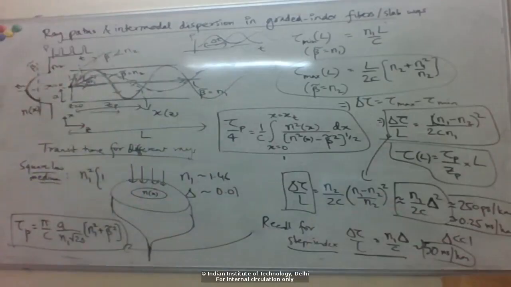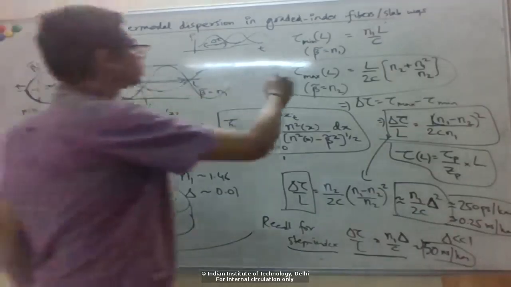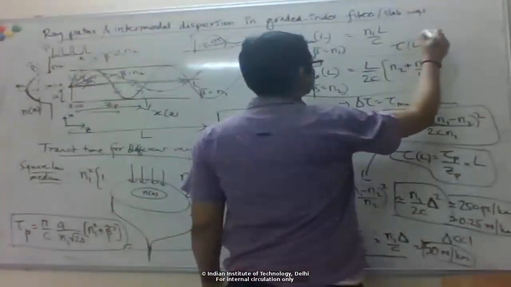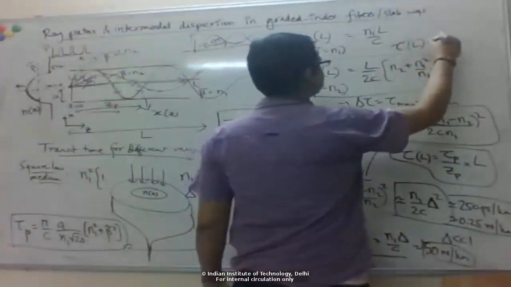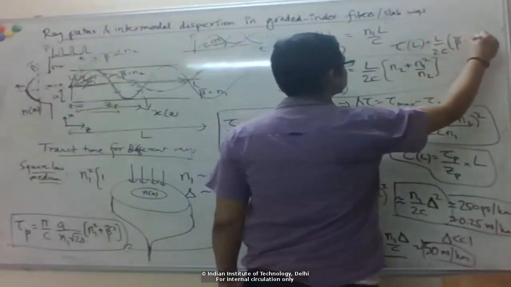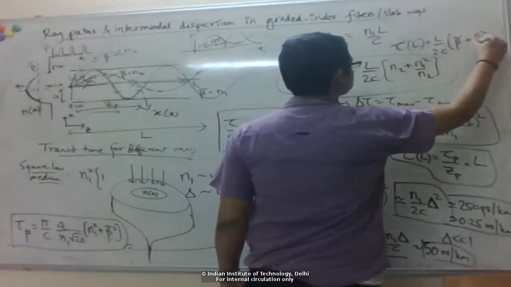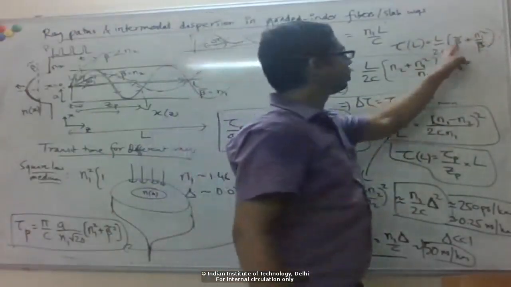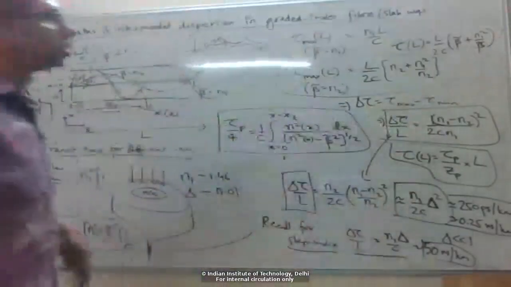Okay, I mean, you can also just plot the tau of L we got. You can plot this from beta equal to n2 to beta equal to n1.